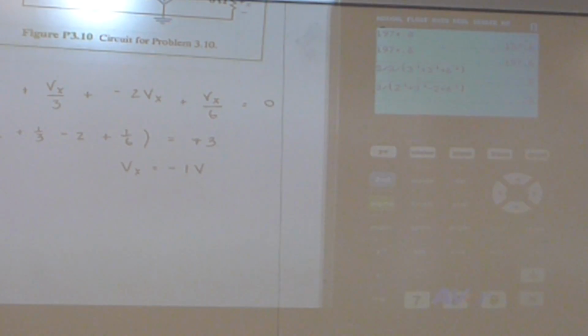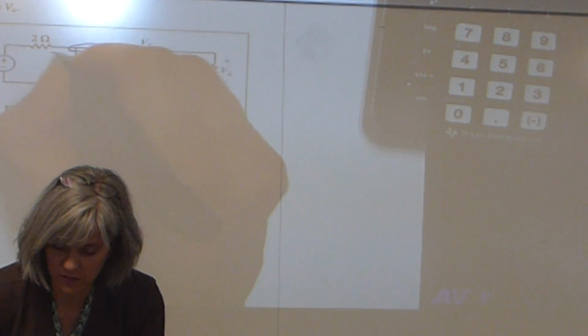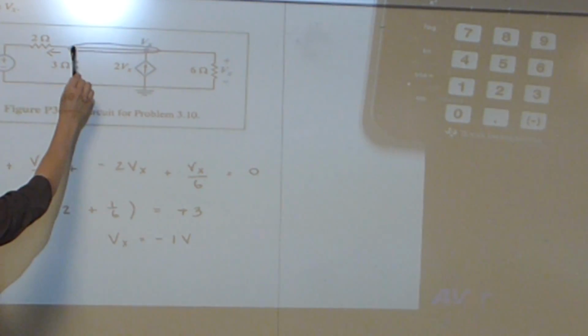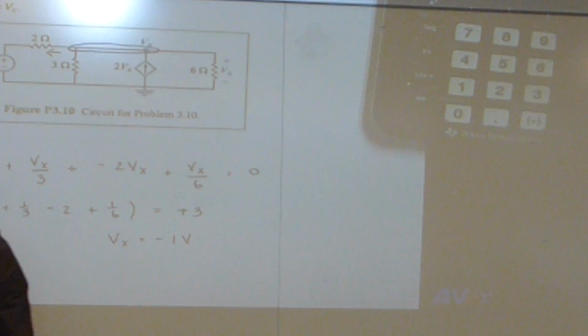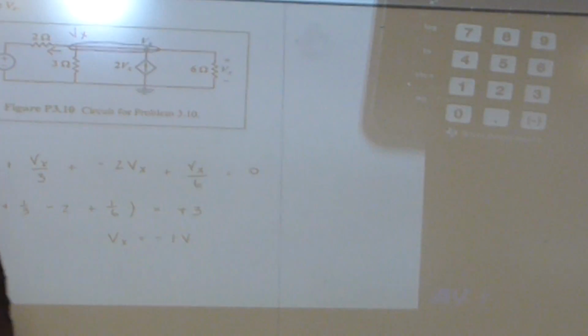Why again is it V sub x minus 6 for the first one? Oh, right, because I want the current through this resistor. So if I want the current here through this resistor, it's the voltage drop across the resistor divided by the resistance. So the voltage drop across the resistor, this is V sub x here. This is V sub x here.